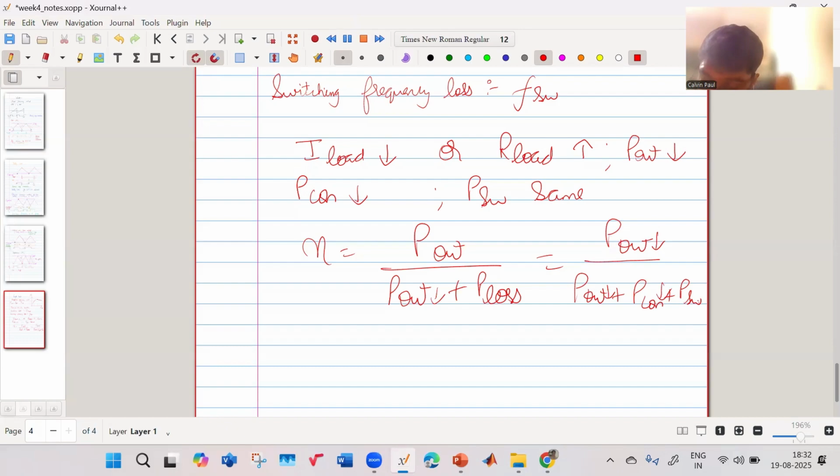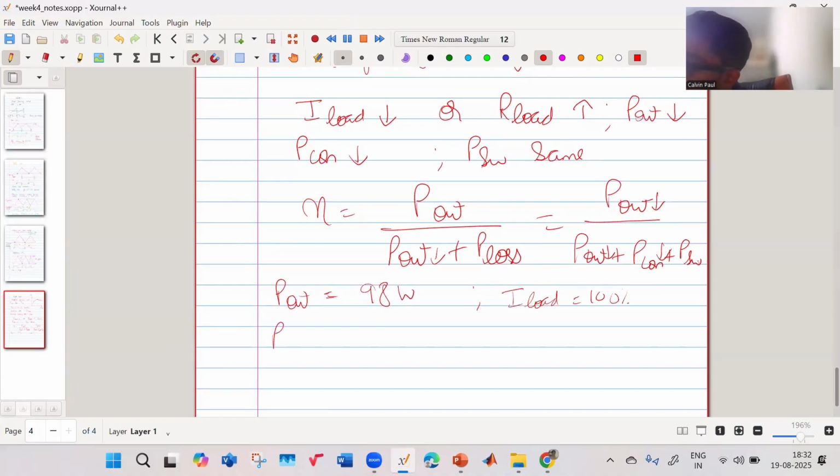So let us take some numbers. Let us say your output power is 98 watt, when your load was 100%. Assume that. And your P conduction loss was, let us say, 10 watt. And your P switching loss, let us say, 5 watt. So what is your efficiency?